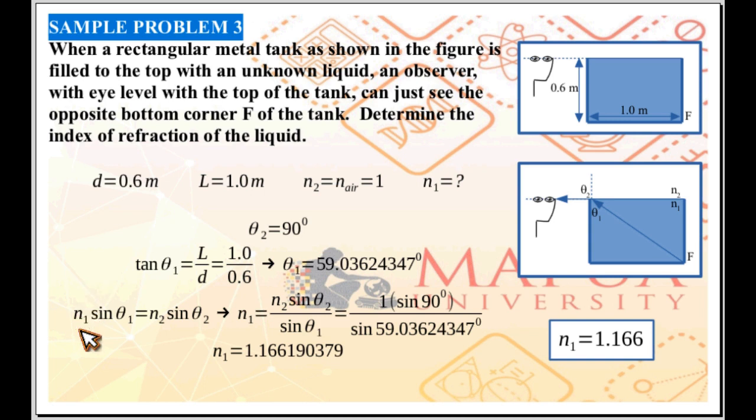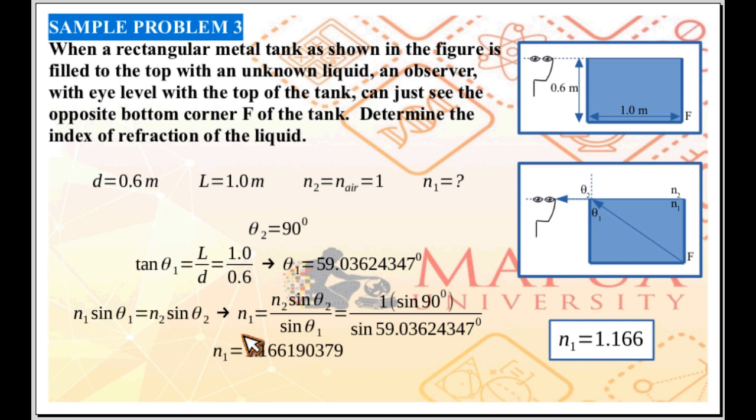Looking at the law of refraction, or Snell's law, n1 sine theta 1 is equal to n2 sine theta 2. The only unknown is n1, the index of refraction of the unknown liquid.